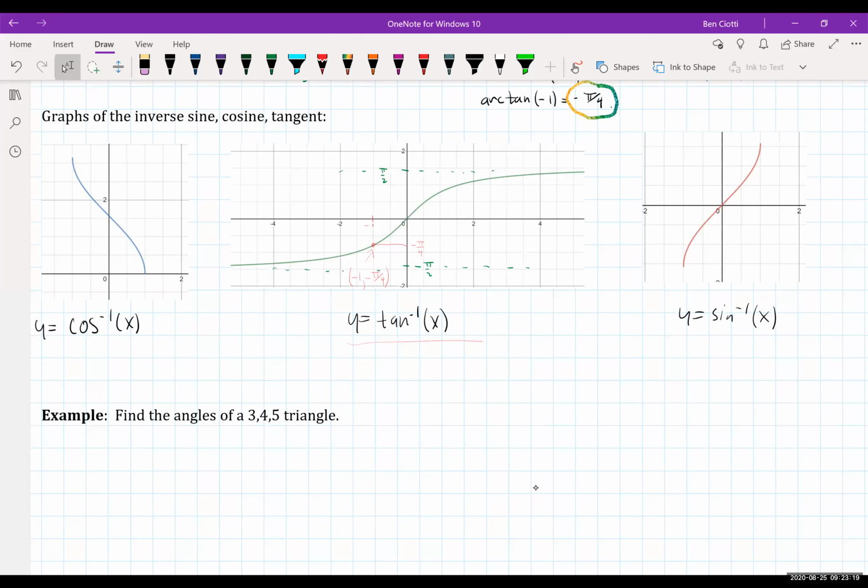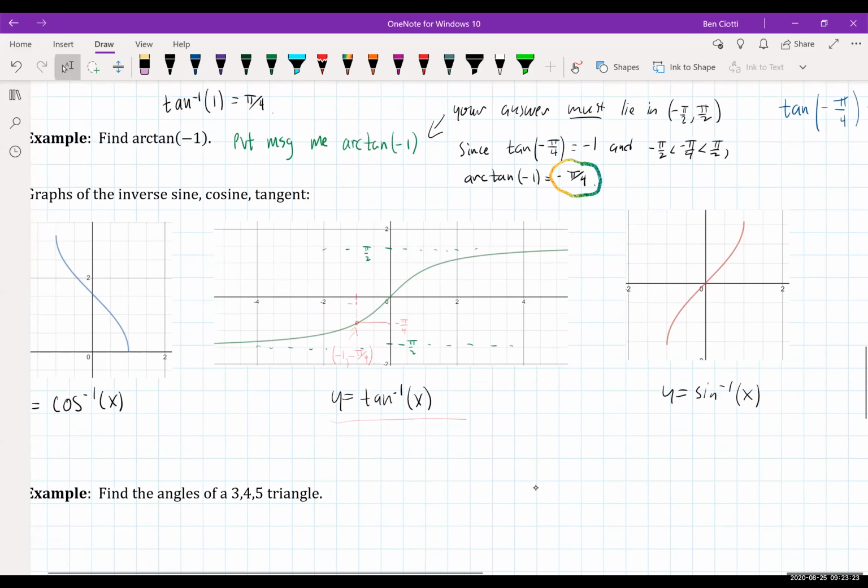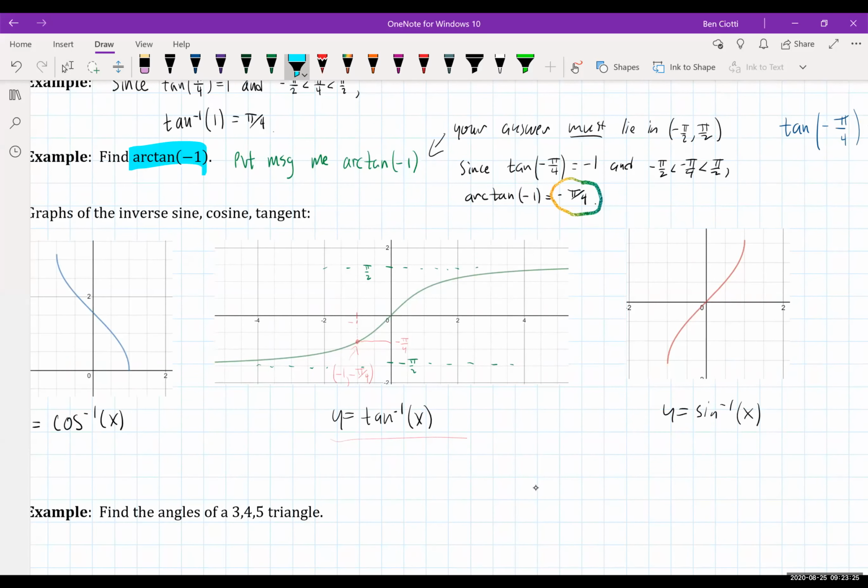Okay, so in these examples that I've been doing, like arctan of -1, you were able to do it without a calculator because that ended up corresponding to a point on the unit circle that corresponded to one of the special right triangles. Most angles, though, you can't do by hand, right?